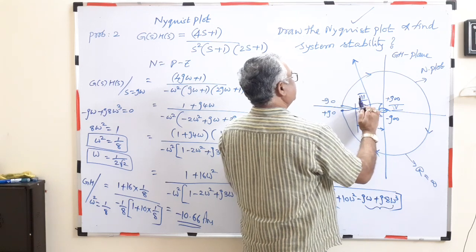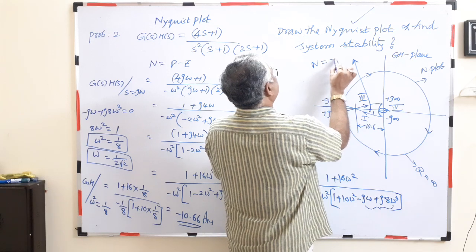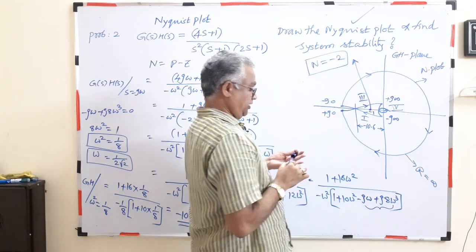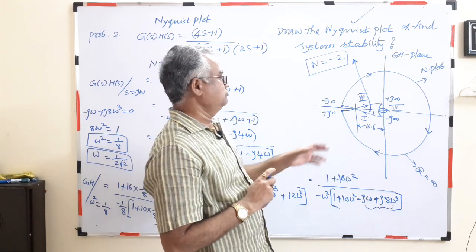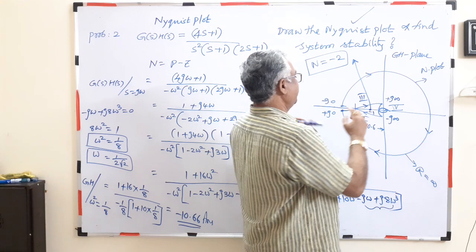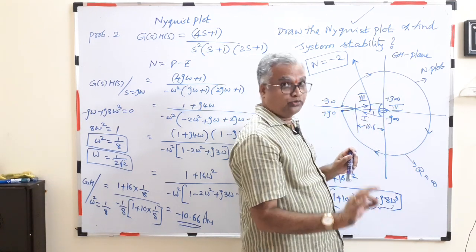Which direction? This is clockwise, this is clockwise. Therefore n equal to minus 2. Clockwise minus 2. Sometimes this is clockwise, that is another clockwise, plus 1 minus 1 becomes 0.